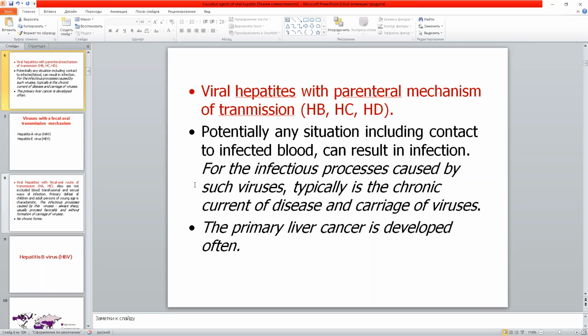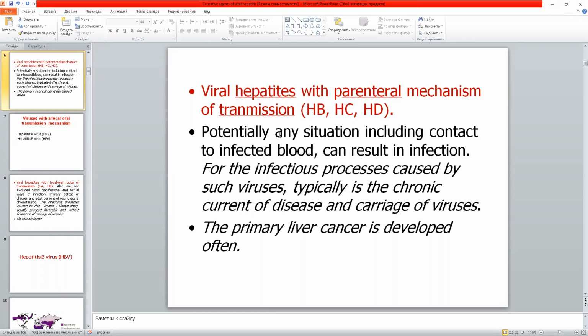Viral hepatitis with parenteral mechanism of transmission: hepatitis B, hepatitis C, and hepatitis D. Hepatitis G is not studied well anyway. It is named. Potentially any situation, including contact to infected blood, can result in infection.